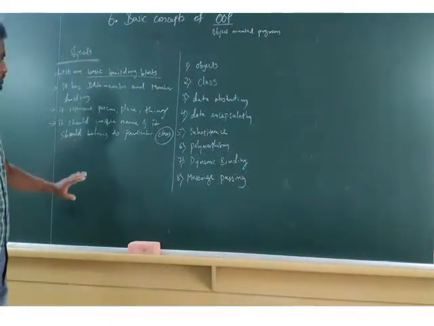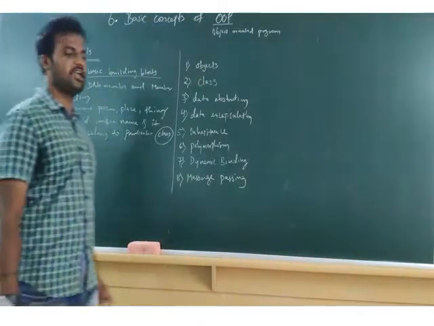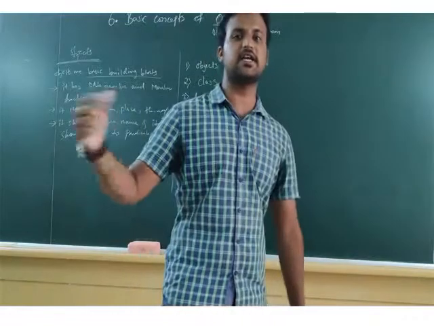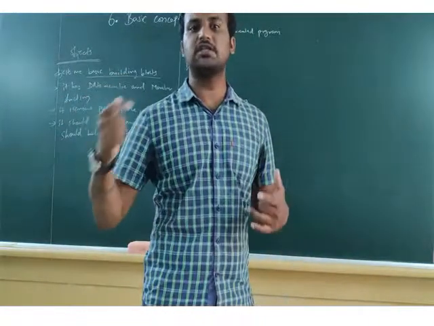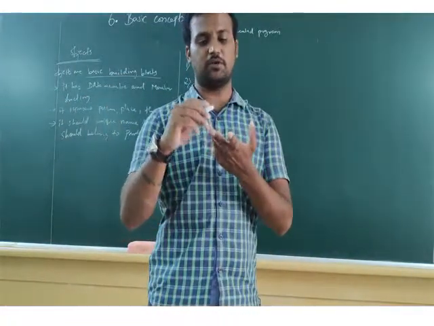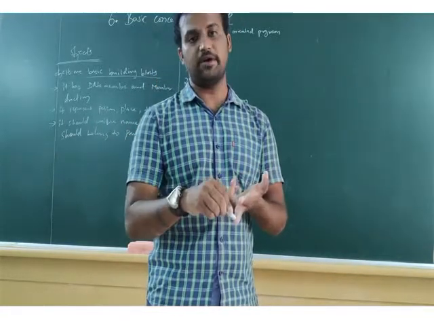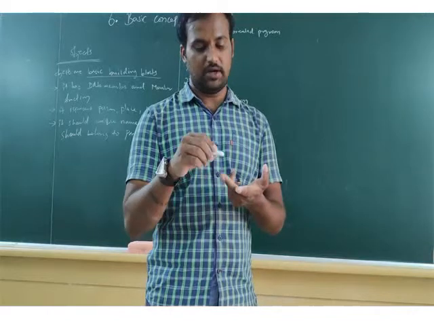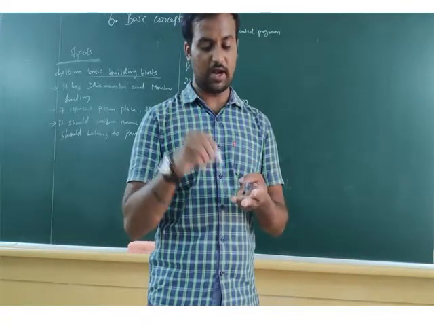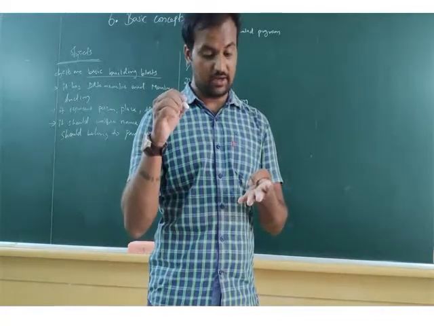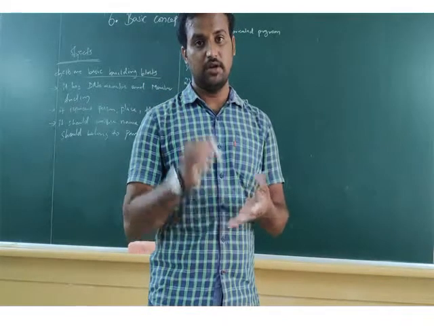Next, for example, take a student. Student is a class. Each and every student has objects. What are the objects again? Name, roll number, class, division.